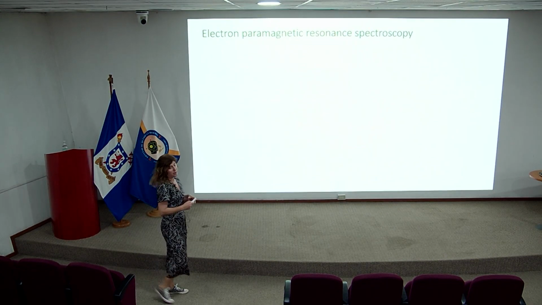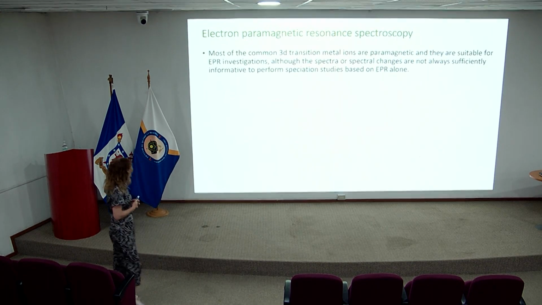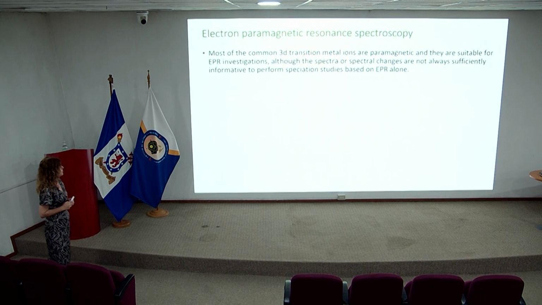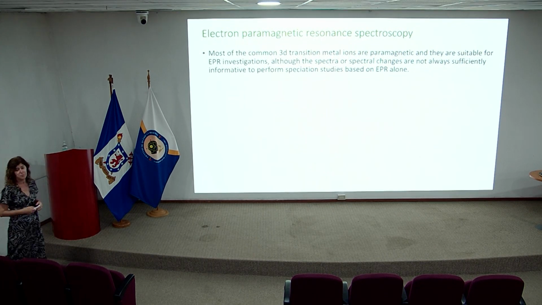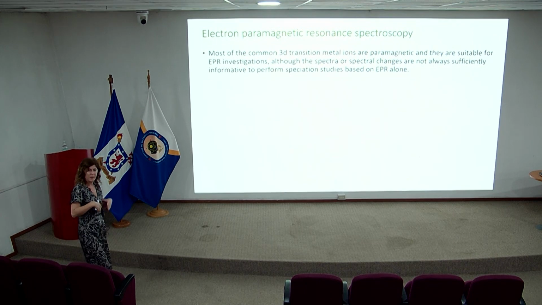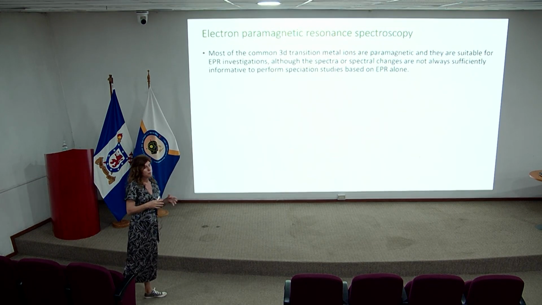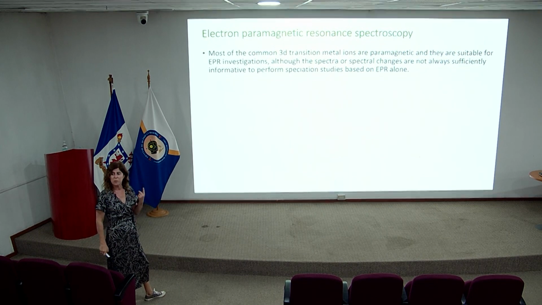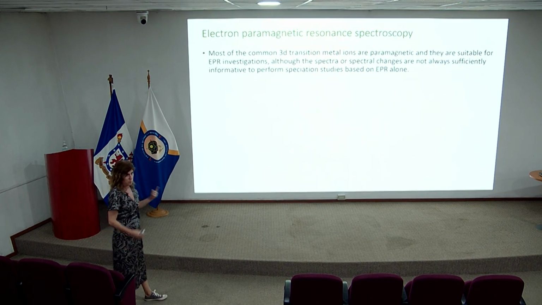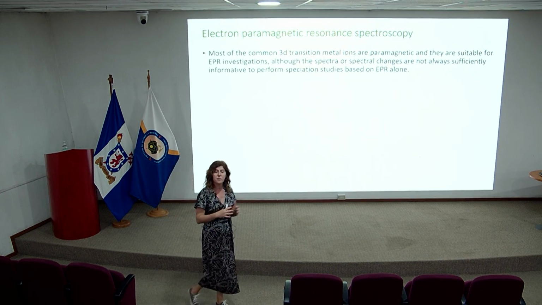And EPR: many metals are paramagnetic. Most of the 3d transition metal ions are paramagnetic. They are not all suitable to be studied by EPR, because typically we focus on simple systems with 1 unpaired electron. When we have more than 1 unpaired electron, we have different effects.